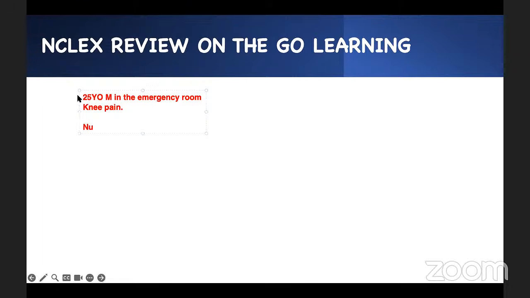The nurse is trying to figure out if this patient has sickle cell disease or has hemophilia. He doesn't know whether A or B, but it doesn't matter, right? Let's put it as hemophilia A. So how would you know the difference? They both have knee pain.